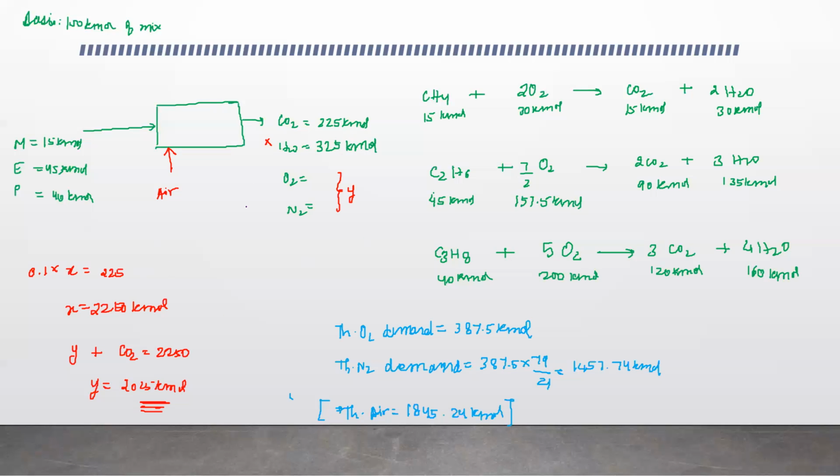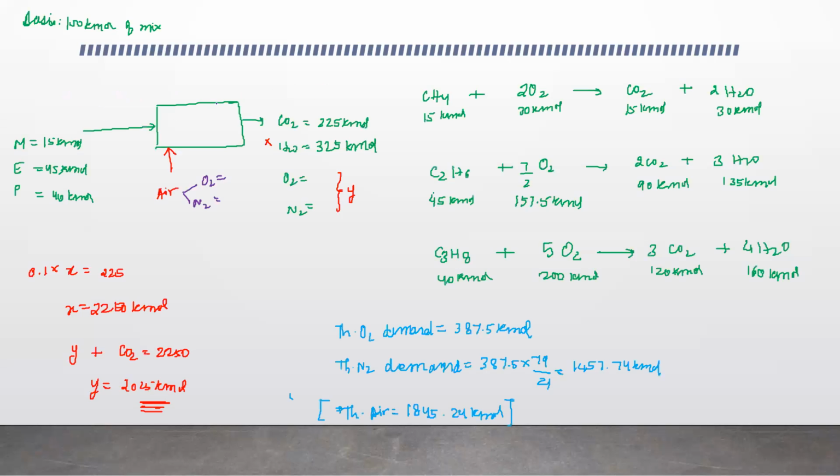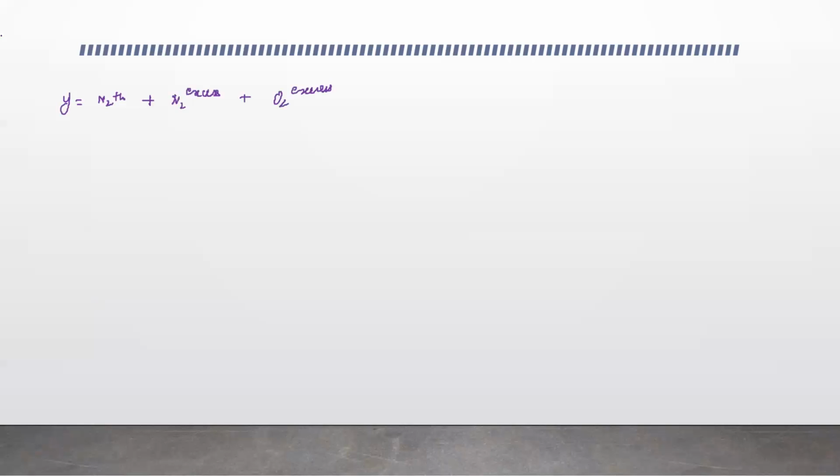All right. Once we get this, Y that we have is actually all the nitrogen that has been supplied, plus the excess oxygen, apart from the oxygen that has been used. So Y is basically all the nitrogen supplied, that means theoretical nitrogen plus excess nitrogen, and the oxygen over there is only the excess oxygen, right? We have just calculated theoretical nitrogen as 1457.74.